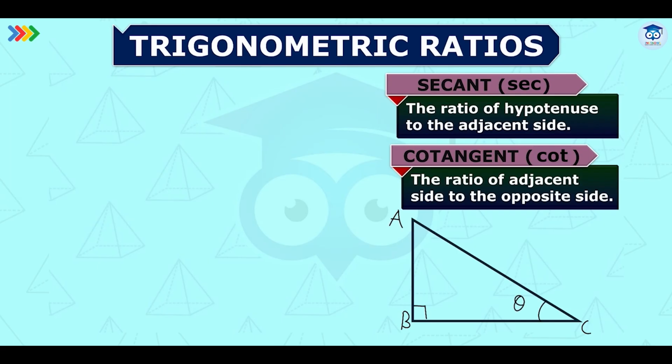Opposite to this theta, that is AB, becomes the opposite. Then we have the adjacent, that is equal to BC, since we are considering the angle theta, that is angle C, as the angle of consideration.